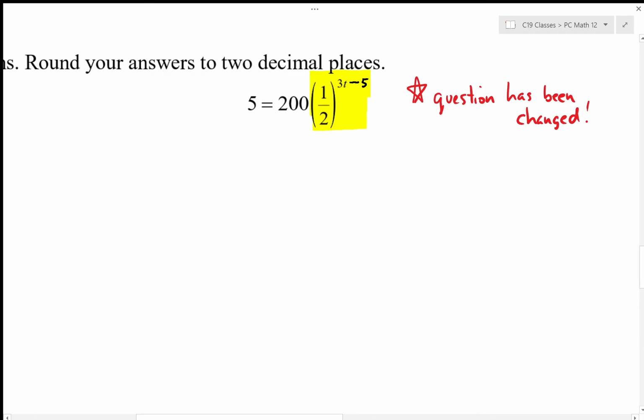So when we look at an FV equation, for instance, we need to put the F and the I together. That's the first thing we have to do. So that's what I do at the beginning of this question: I would take 5 and divide it by 200. And then I would have on this side (1/2) to the 3t minus 5.